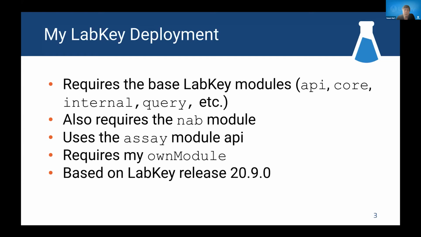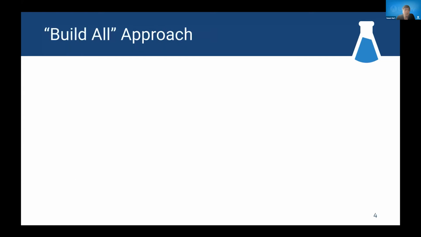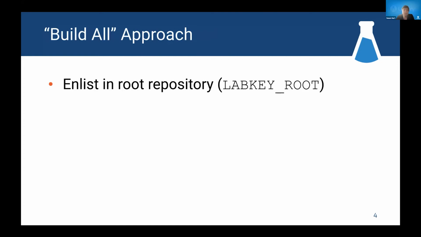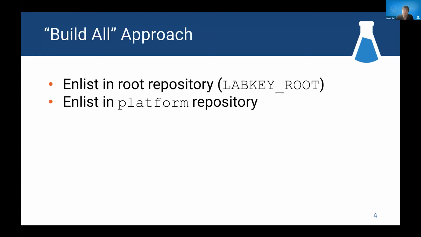So the picture on the left that I showed you was what I'm calling the build all approach. And this is the one that you are probably very familiar with. It starts out with, you just enlist in the root repository, which I'll call LabKey root throughout this presentation. And then enlist in the platform repository, because that's where you get those base modules.